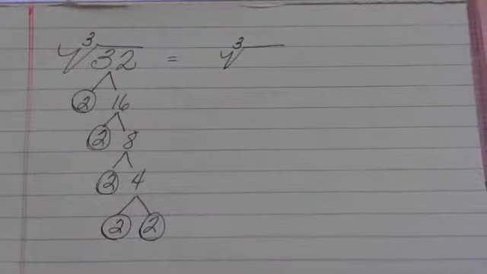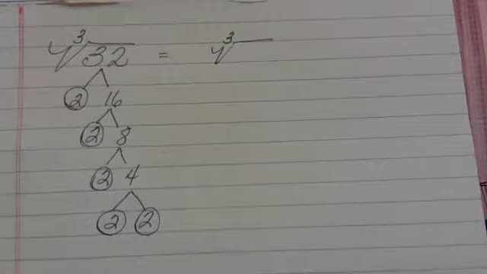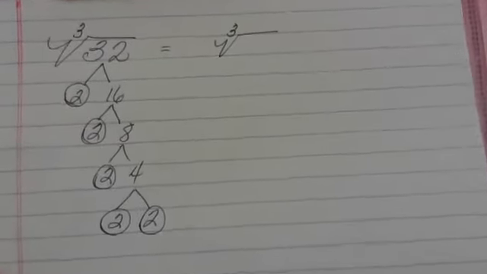So 32. Is everybody about there? By the time you're finished, you should have 5 twos, 5 teenagers, and all of them are twos.